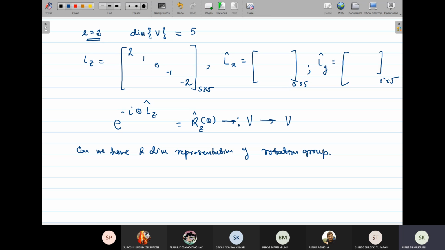What do you expect of a two-dimensional representation? Although rotation is in three dimensions, I can have a two-dimensional representation. In fact, I can have a zero-dimensional representation also. Yes, so here you will see that this will be useful to discuss P.